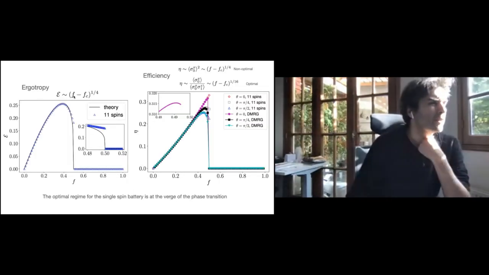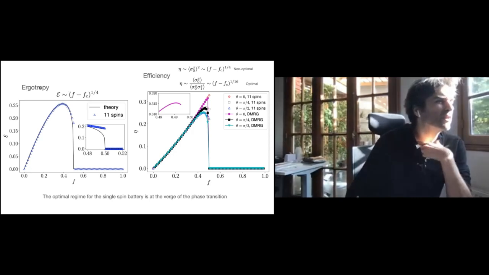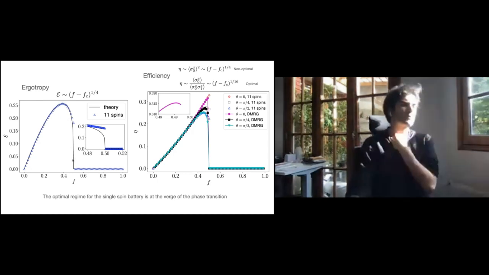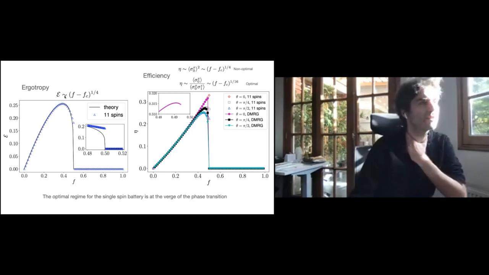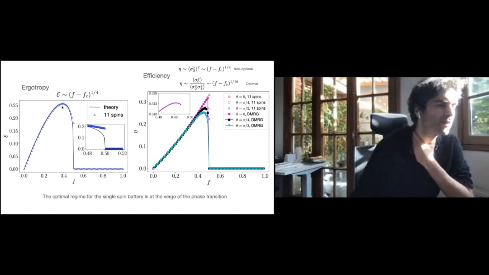Okay, so this is the ergotropy for the single qubit battery, single spin battery. It behaves around f equal to 0.5 in this way. So it presents this critical behavior. It reaches a maximum near f equal to 0.5 on the left.